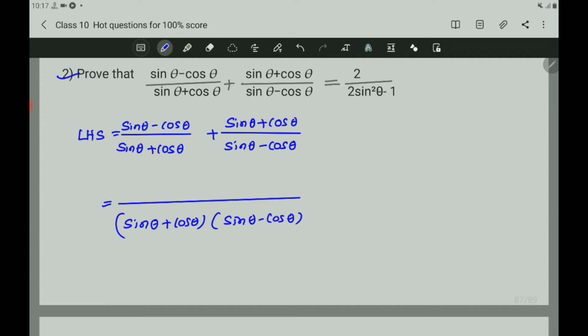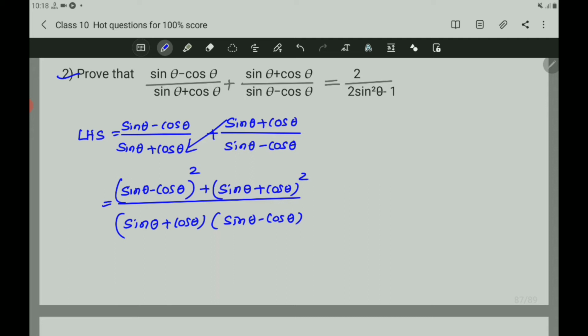Now in the numerator, this into this plus this into this. The product of these two. So you can write that sin theta minus cos theta whole square, and you write plus sin theta plus cos theta whole square.